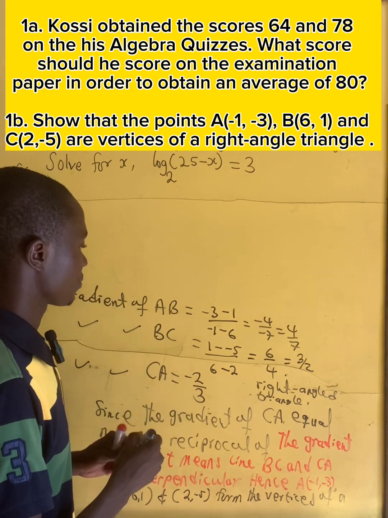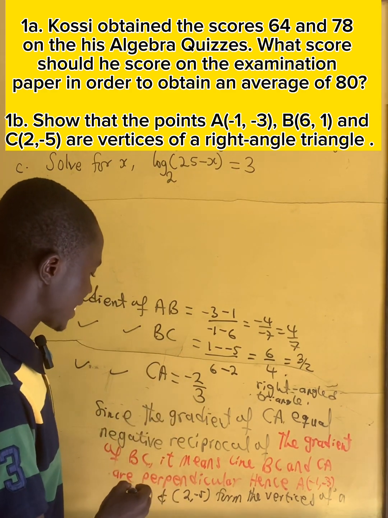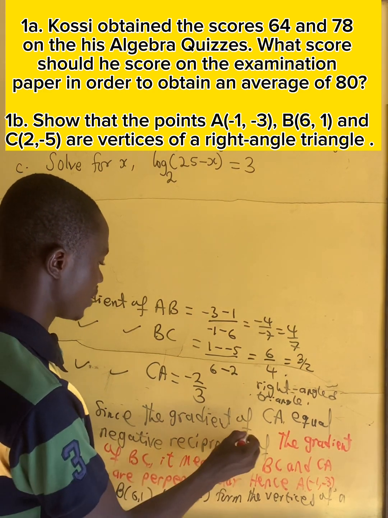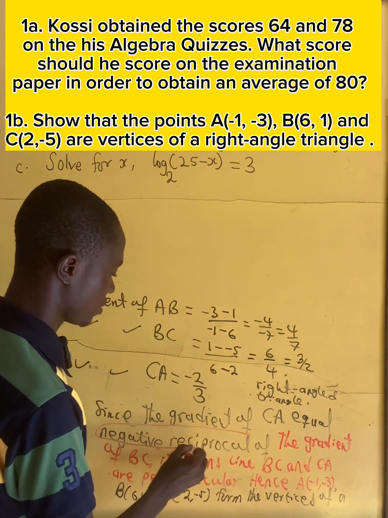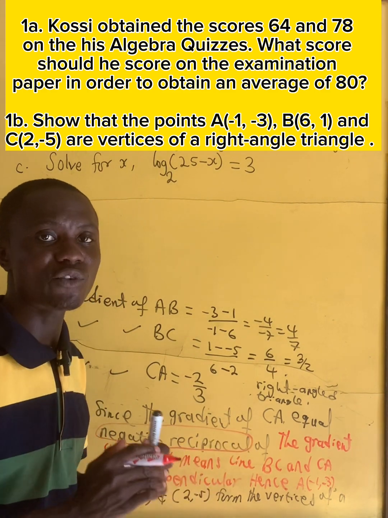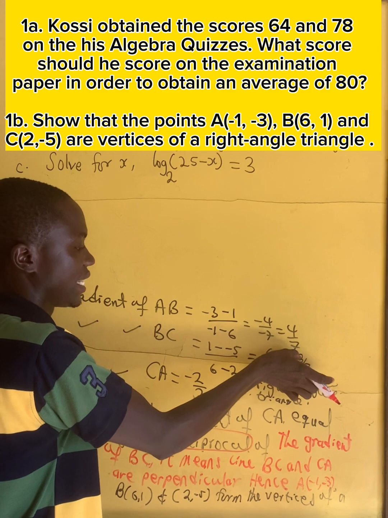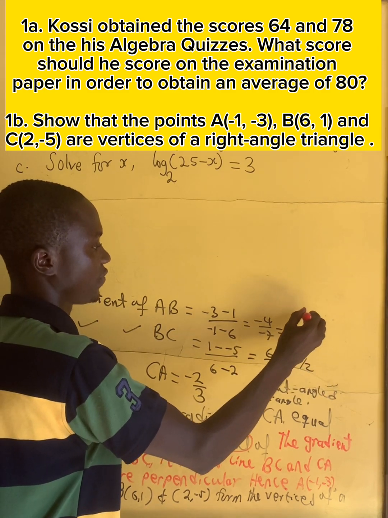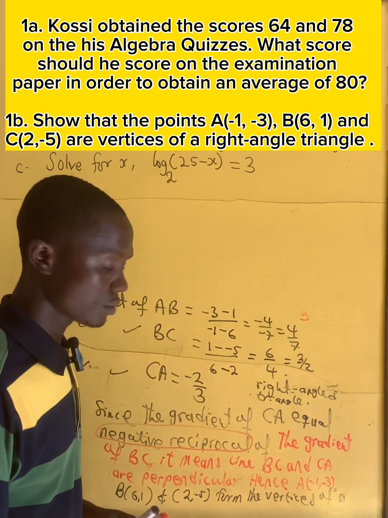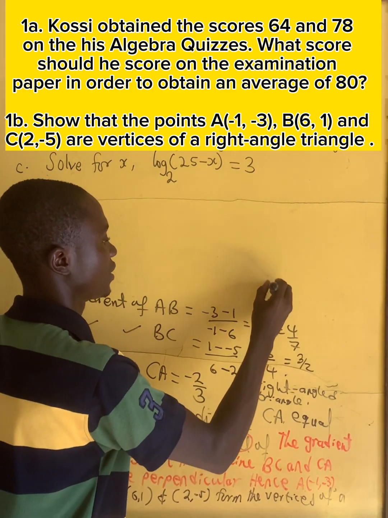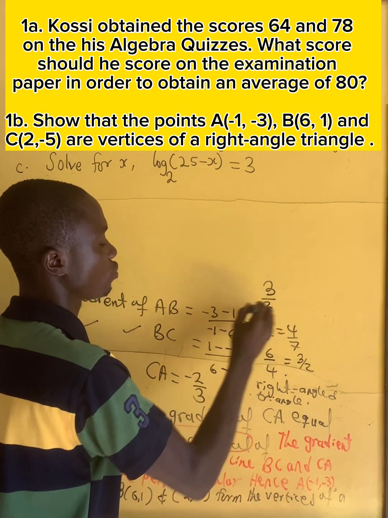Look at this. When we say negative reciprocal, negative reciprocal simply means that if I take the answer here, it is 3 on 2.